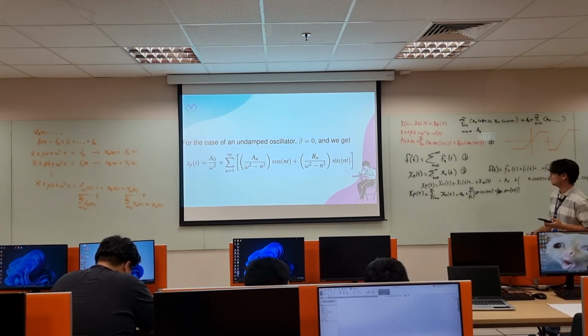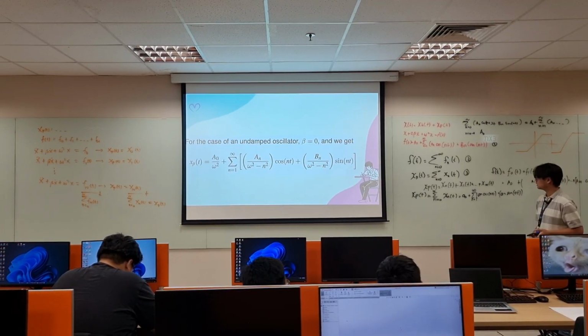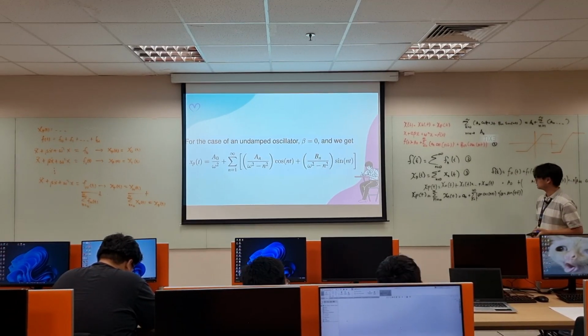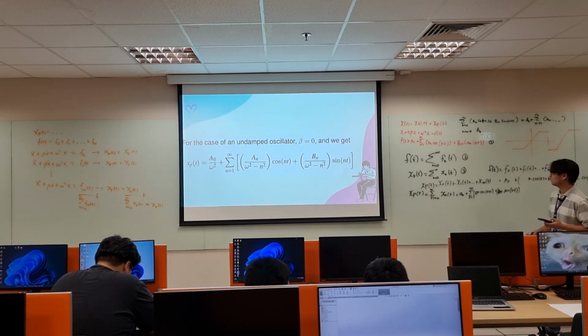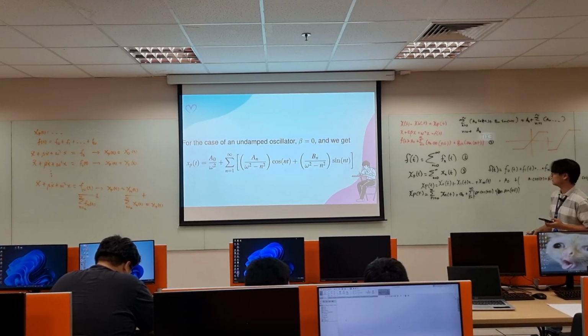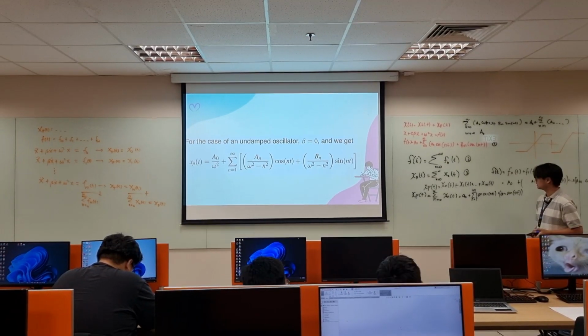Where's the chi? Chi is a big X. So it will be from minus pi over 2 to pi over 2 and multiplied by x. Just that one. Slope going up.